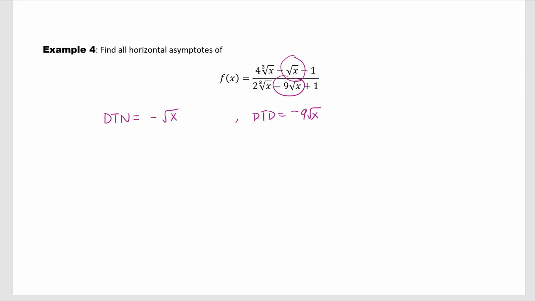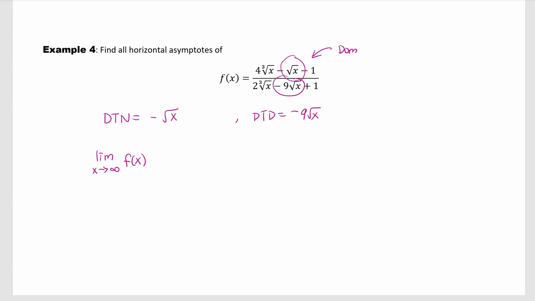What is a term? A term is separated by plus and minus signs, so you also need to include the minus sign and the coefficients. It's not a single factor of a term, it's a term.